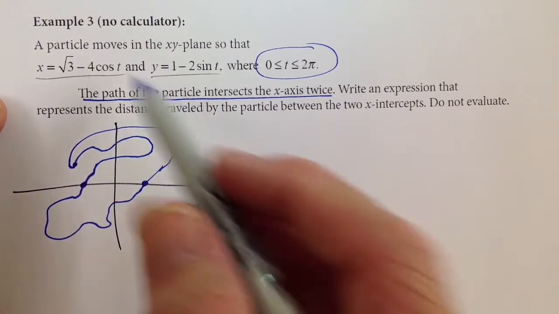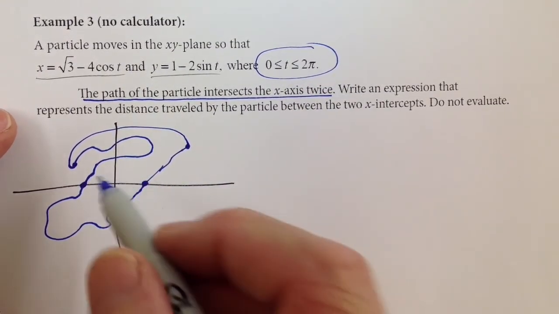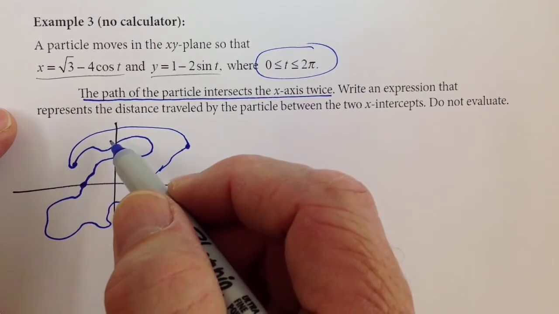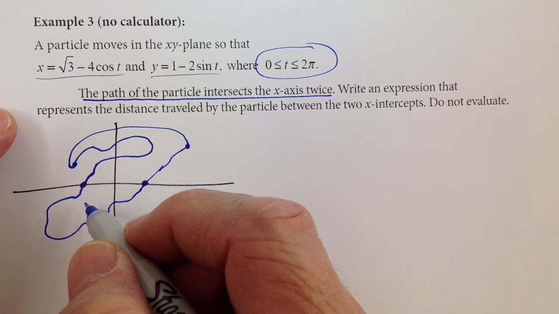It doesn't really matter, I guess it would, because it's 0 to 2 pi, and then we repeat. So it starts somewhere, but it hits the x-axis twice.